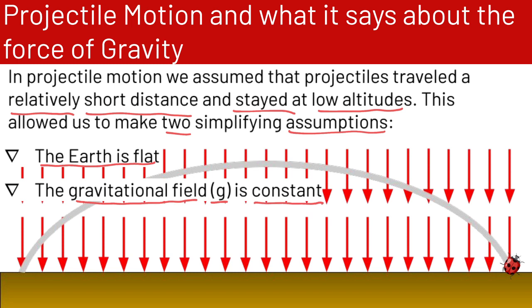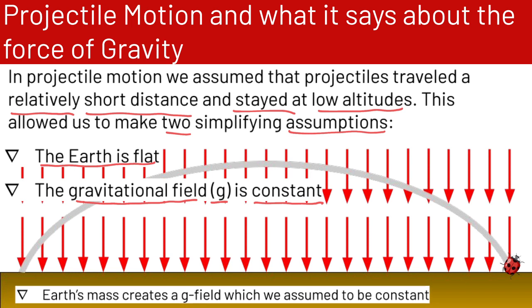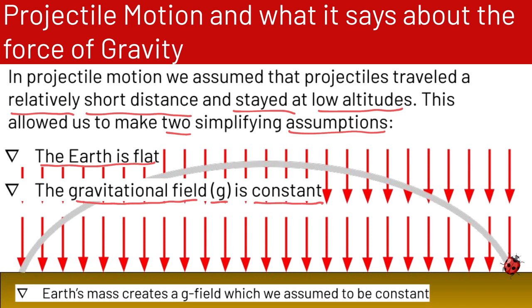Neither of these assumptions are true. Earth's mass creates a gravitational field, which again, we assumed to be constant, but we use these assumptions when we were talking about projectile motion.